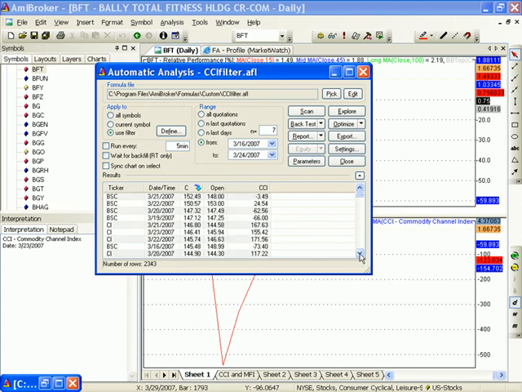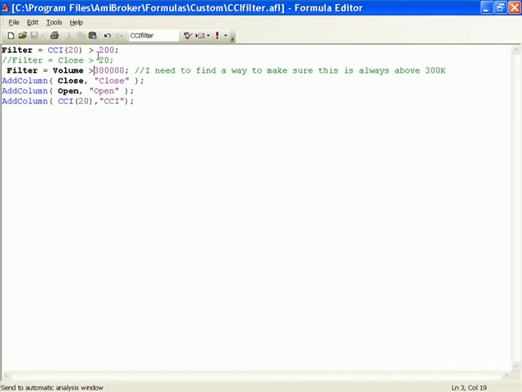And it's not even pulling up the 200s. It's pulling up everything. I asked for over 200. Did I not? Let's try that again.